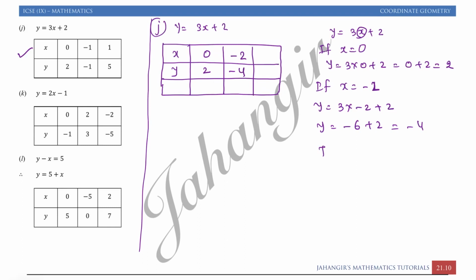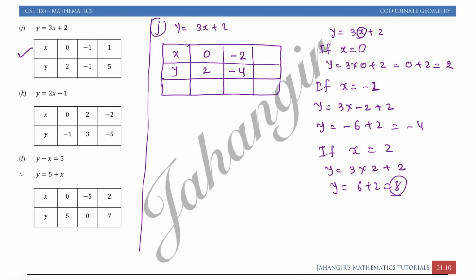Now for the third value, I can take anything. If x is equal to 2, I can take 2. So the y value will become y is equal to 3 into 2 plus 2, because I am just replacing x. 3 into 2 is 6, 6 plus 2, 8. If you want, you can do all these steps. In some schools it is compulsory to write all steps, but in some you can just write it manually.